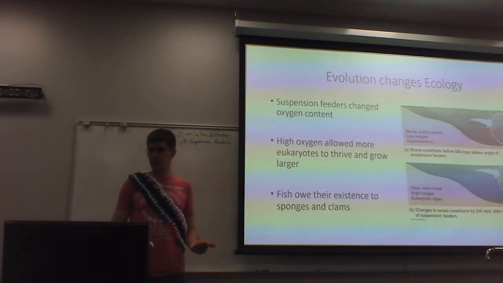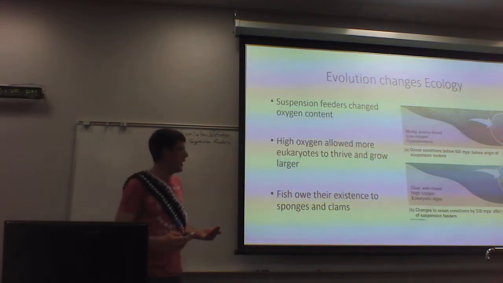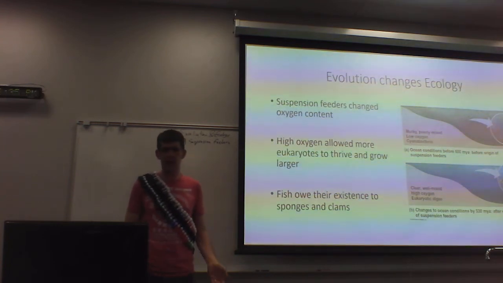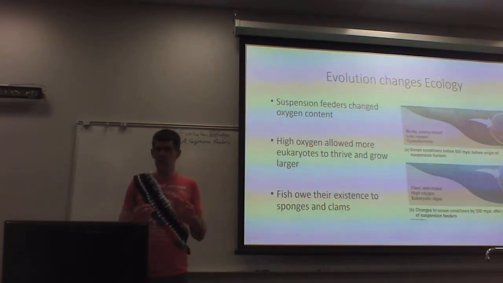Cyanobacteria would produce a certain amount of oxygen, but not enough oxygen in the water to really support a lot of eukaryotic life. Suspension feeders, such as sponges and clams, evolved and began to feed on all this cyanobacteria.